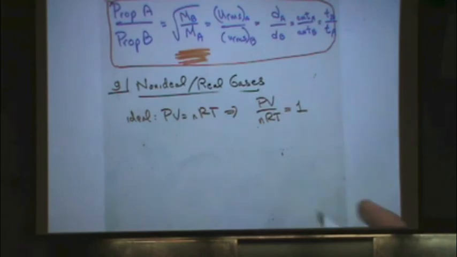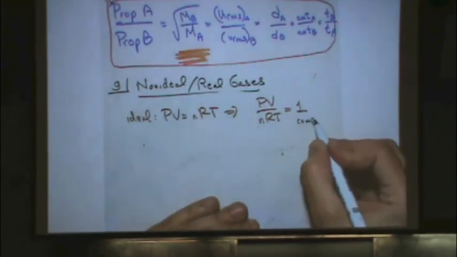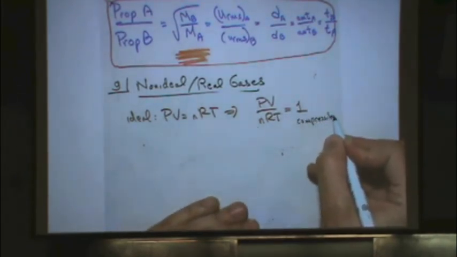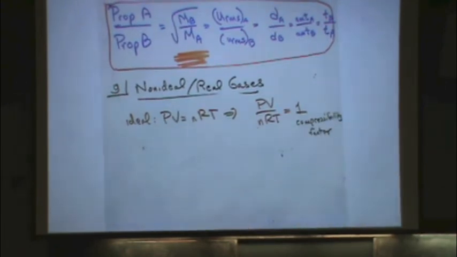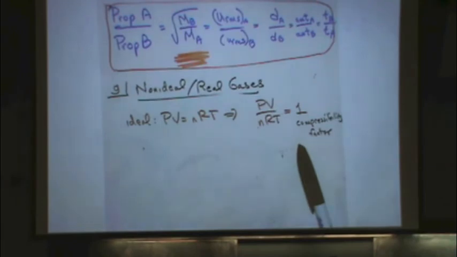That number 1 is called the compressibility factor. For an ideal gas, that number is 1. For a non-ideal gas, it's not the number 1. It will vary, be less or greater than. So this is a measure of how non-ideal something is. How real is it? The more real it is, the more it varies from the number 1 when you divide these numbers.